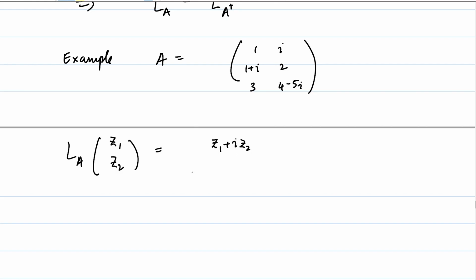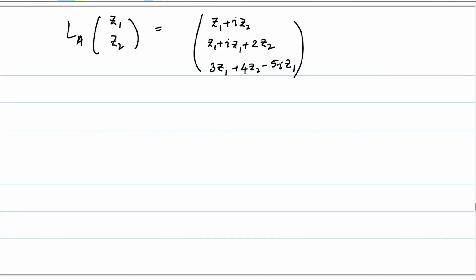I'll write it in the column expression. This is going to be z1 plus i z2, 1 plus i z1 plus 2 z2, and 3 z1 plus 4 z2 minus 5i z1. So this is exactly the linear transformation L_A.